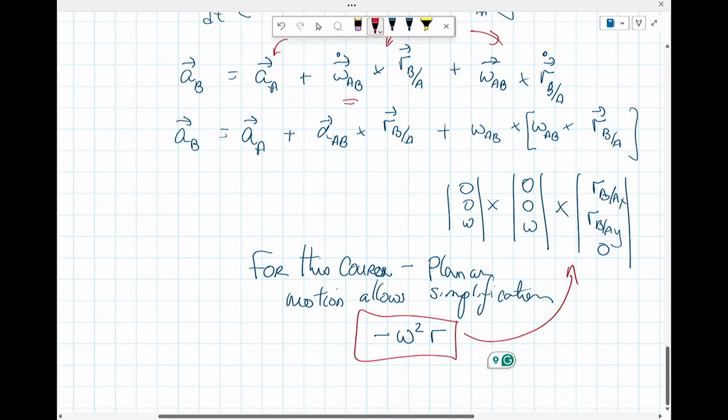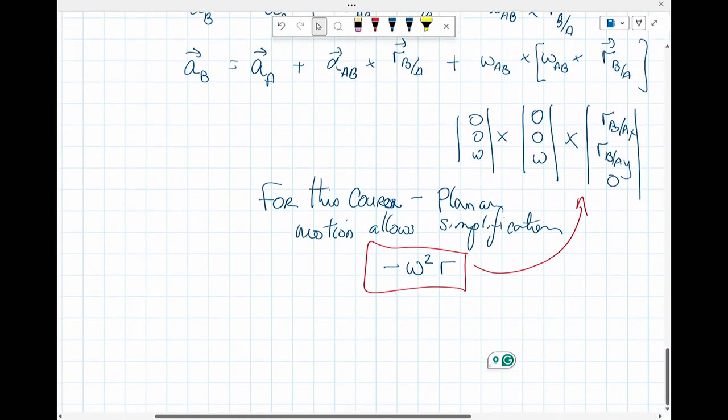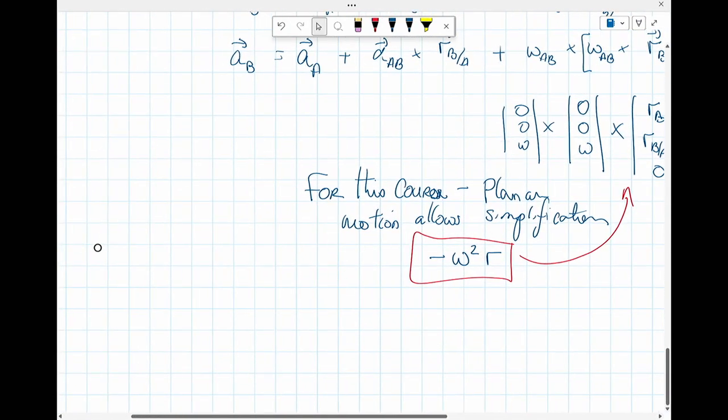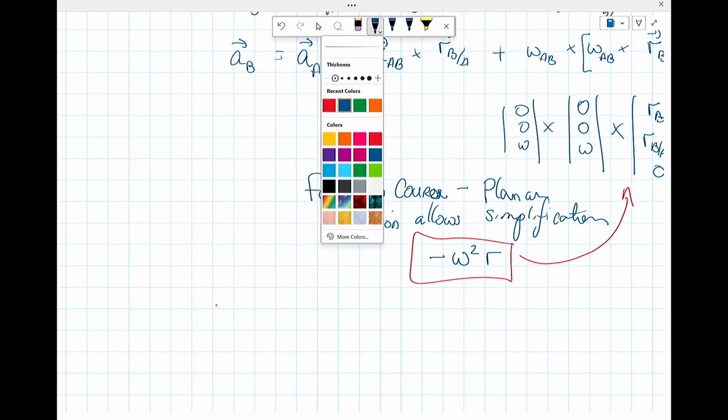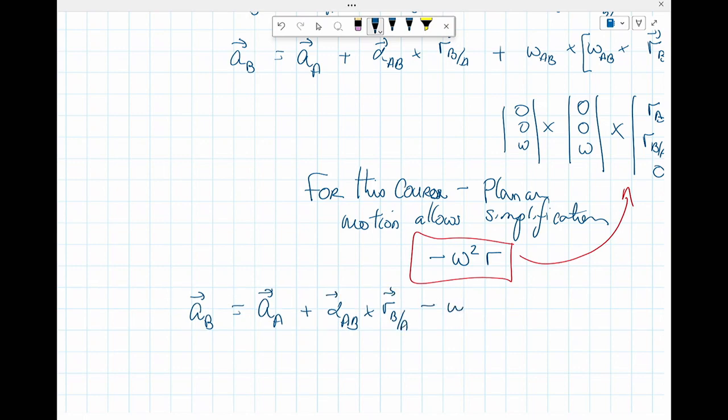So my governing equation becomes: acceleration of B equals acceleration of A plus alpha AB crossed with r B with respect to A minus omega squared r B with respect to A.